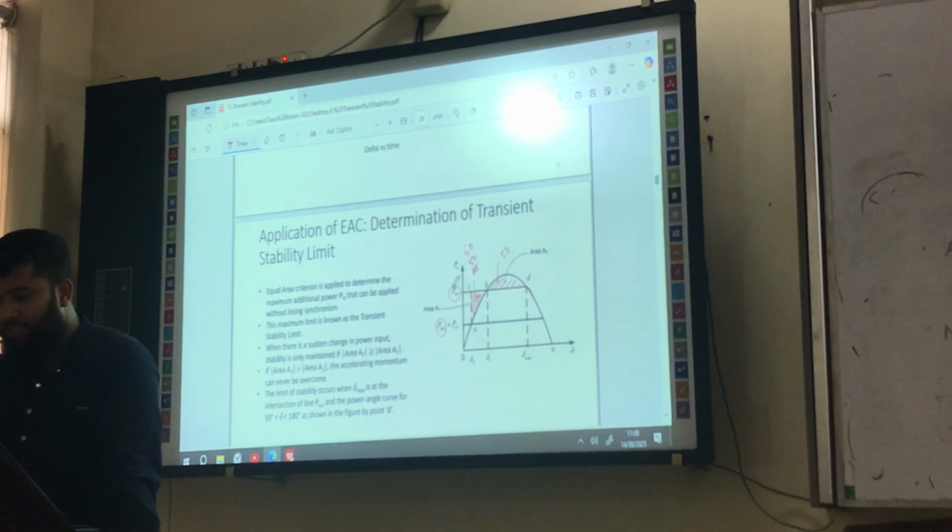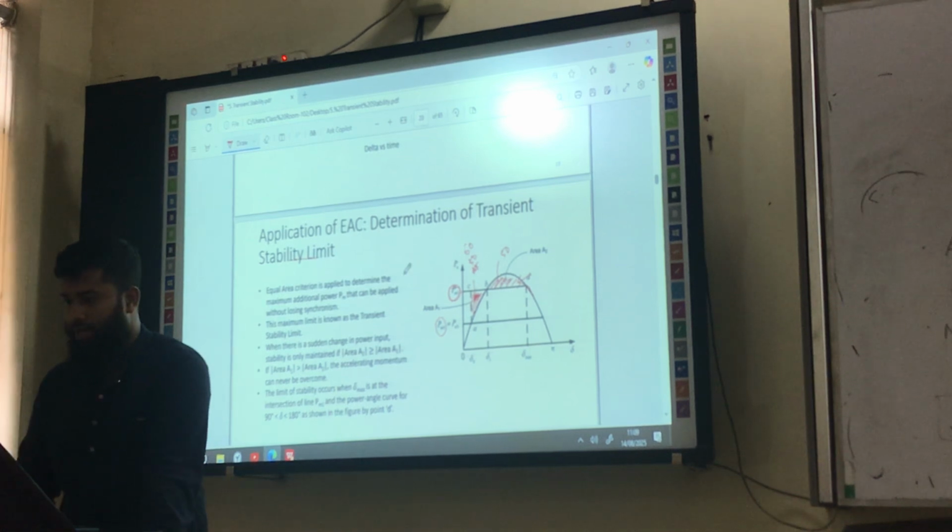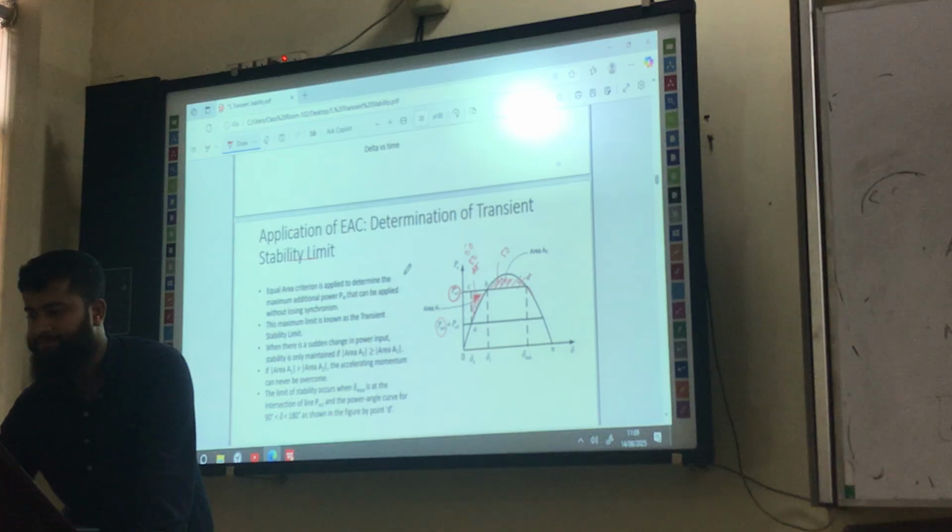That's why this point is the limiting point, where the accelerating area has been given back to the decelerating area, and there is no available decelerating area left. This is the limiting case where we calculated the transient stability limit. Now we will use the same concept here.